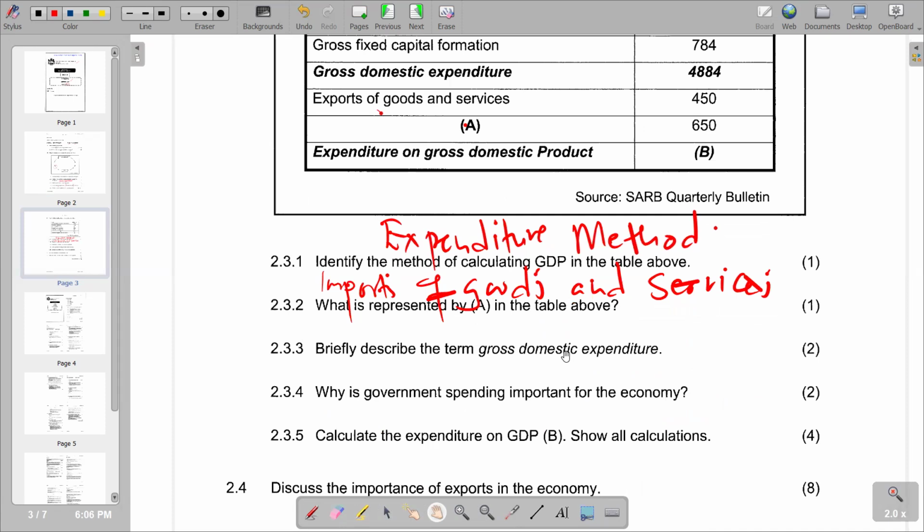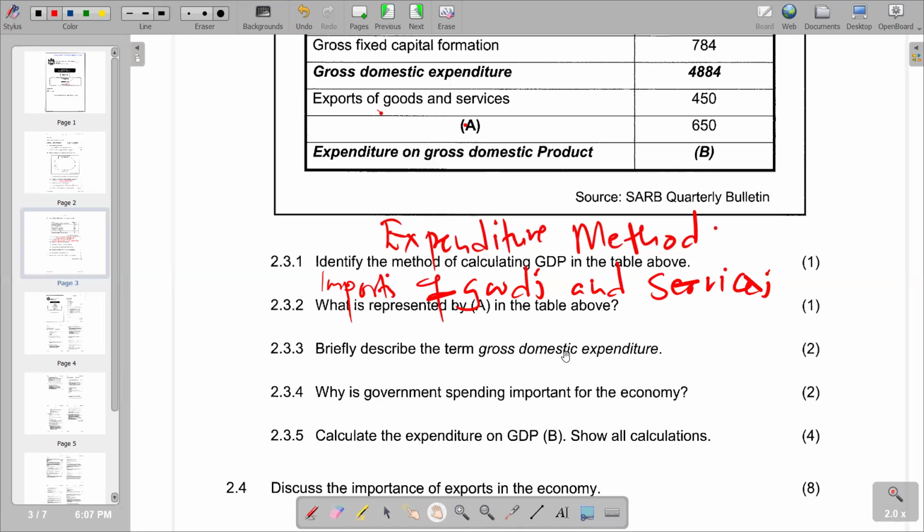So no matter who is producing those goods and services, we are just adding goods that have been produced locally in South Africa within the national boundaries, and we add to get the total, and the total becomes the gross domestic product. No matter the person is a foreigner or a local citizen, that doesn't matter. So what we want is the total value of goods and services that are being produced.